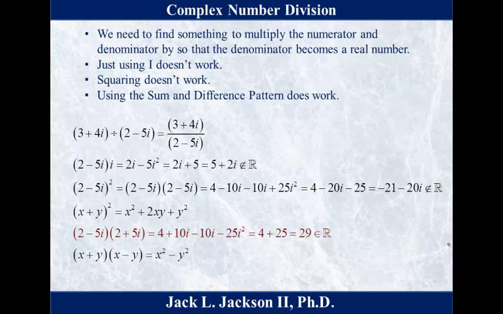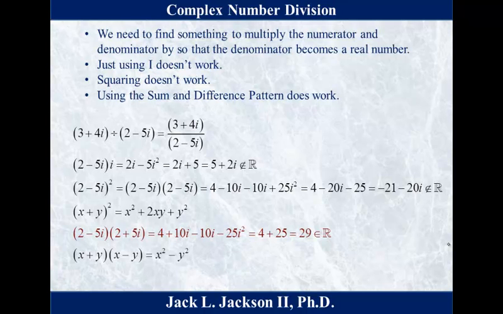The F of the FOIL is x times x, which is x squared. The L is y times minus y, which is negative y squared. The O part is negative xy, and the I part is xy. So the inner product and the outer product cancel each other out and go away altogether.